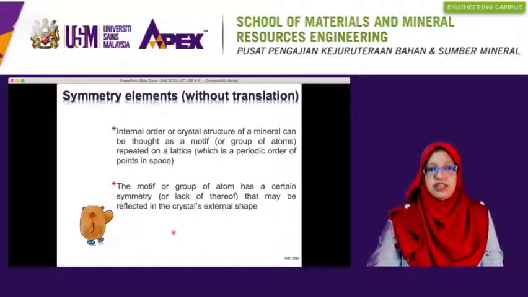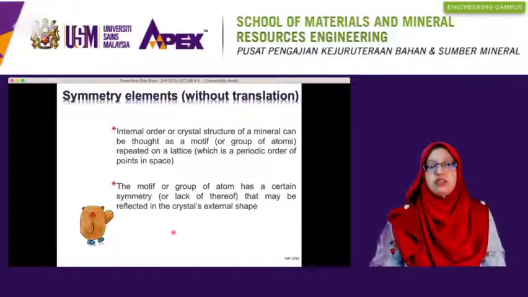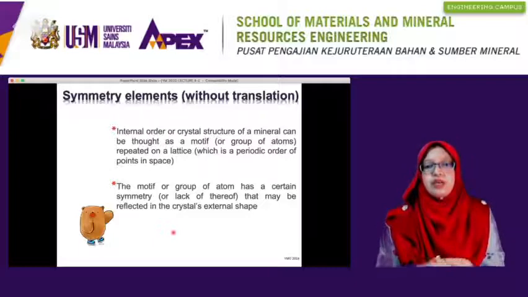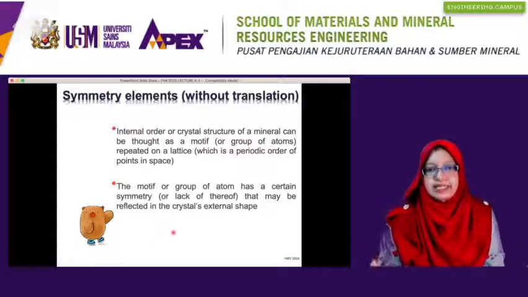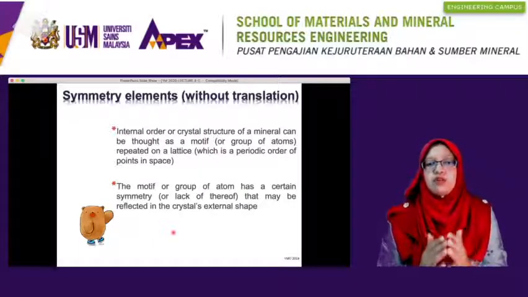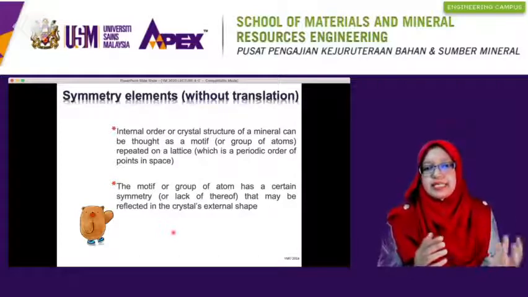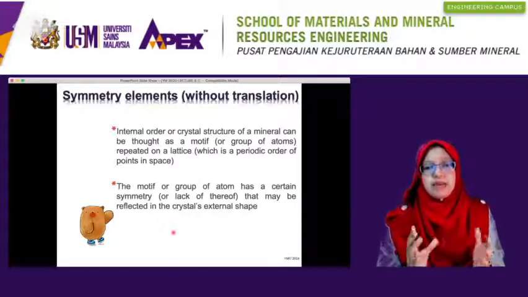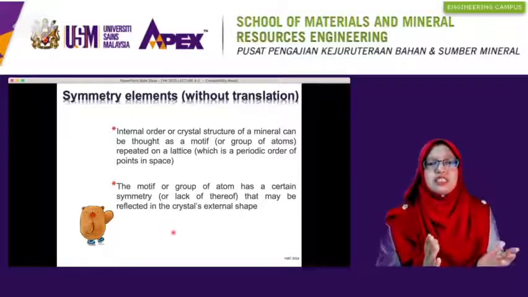In symmetry elements, the internal order of a crystal structure of a mineral can be thought of as a motif repeated on a lattice. The motif or group of atoms has certain symmetry or lack thereof that may be reflected in the crystal's external shape.